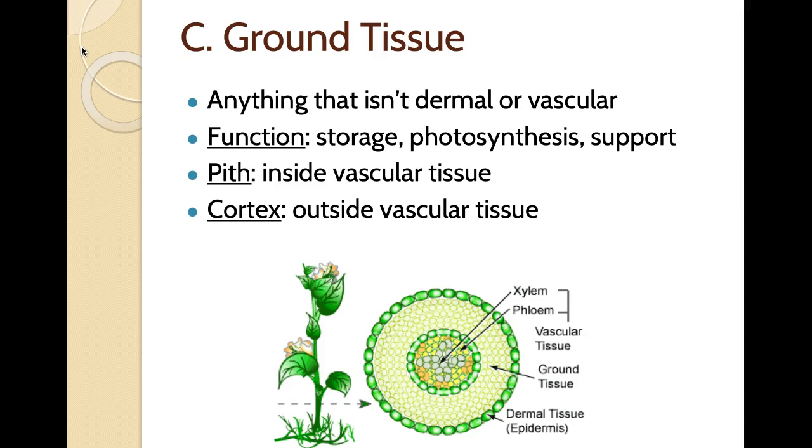Looking at this picture, you can see the vascular tissue is in the center of this cross section. The ground tissue is surrounding it. Because the ground tissue is surrounding that vascular tissue, that would be known as the cortex ground tissue.